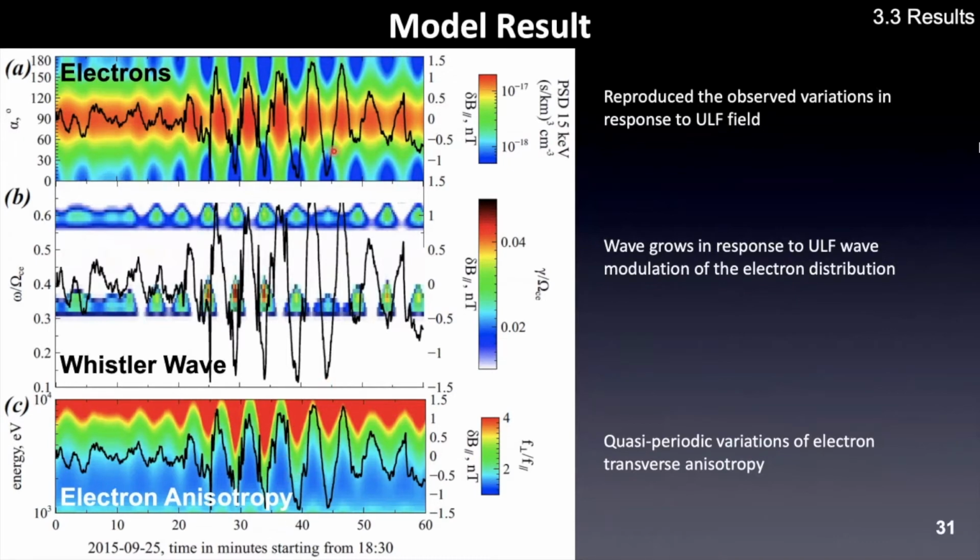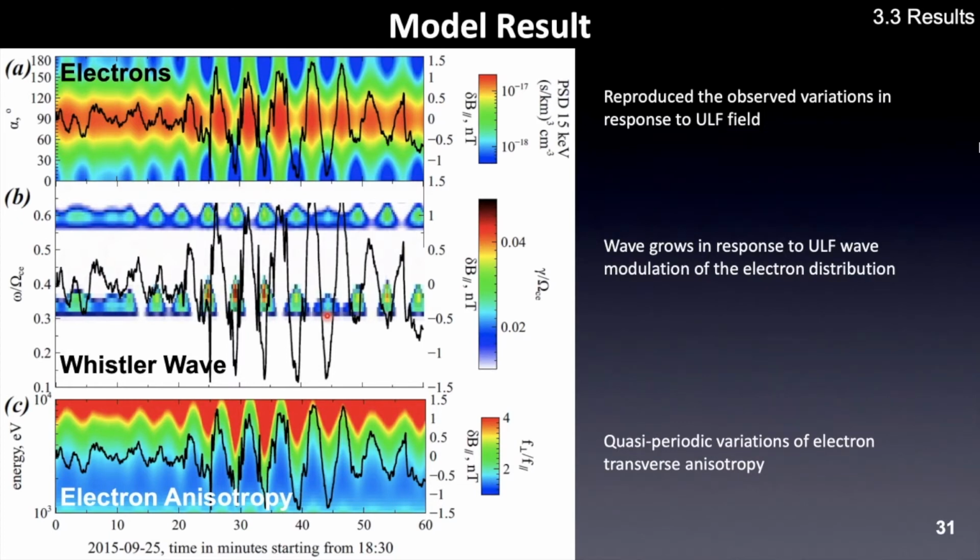After we pass this modeled electron distribution into our wave growth rate calculator, we got this periodic positive growth of the Whistler waves, which actually corresponds to the periodic wave emissions in the observations.